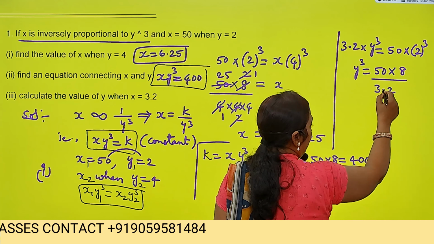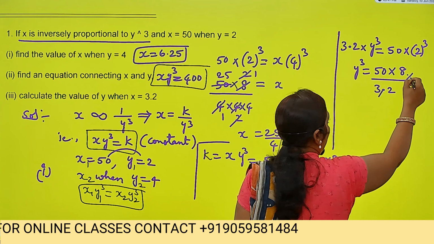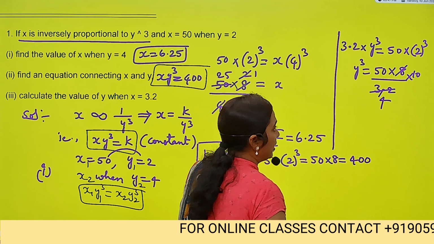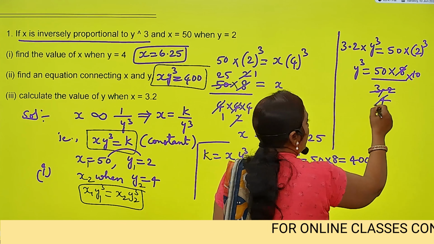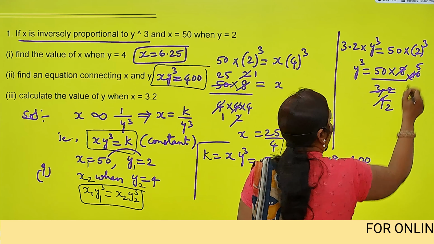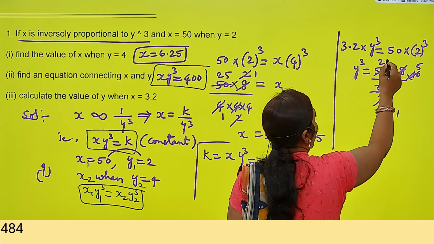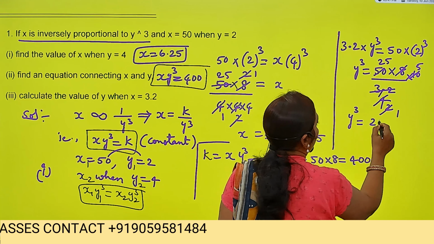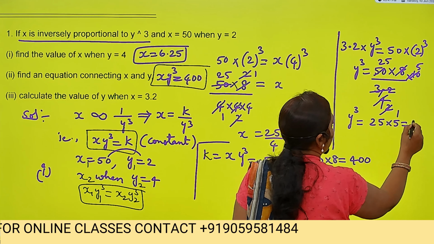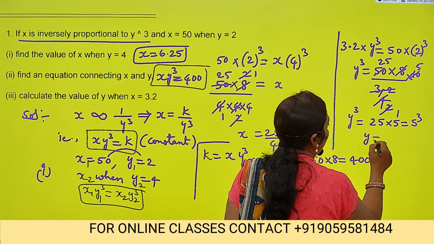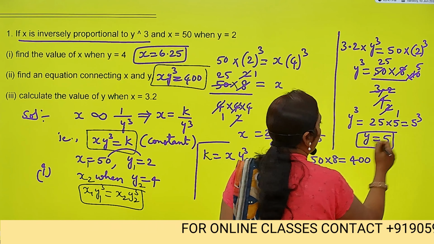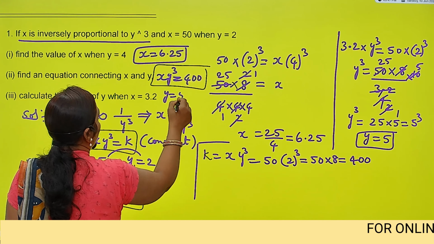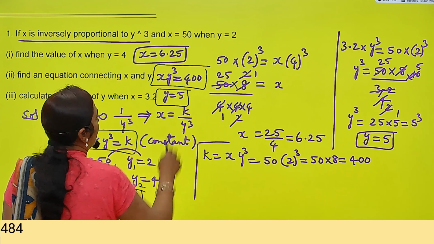Here, for decimal elimination, multiply with 10. 8 ones are 8, 8 fours are 32. 2 twos are 4, 2 fives are 10. 2 ones are 2, 2 25s are 50. So here y cube equals 25 into 5, which is equal to 5 cube. What is the y value? 5 is the y value. So what is the third answer? Y equals 5.